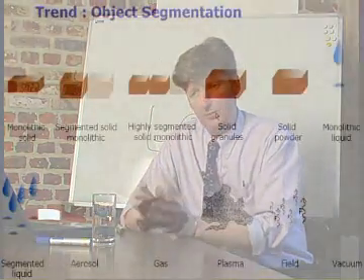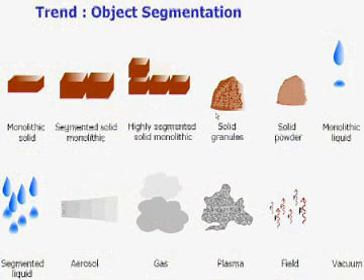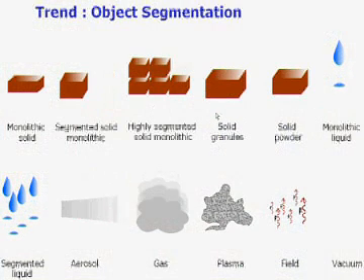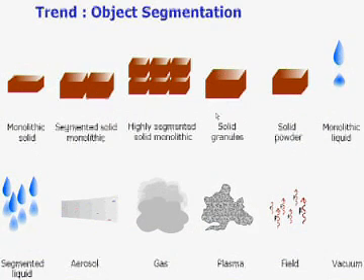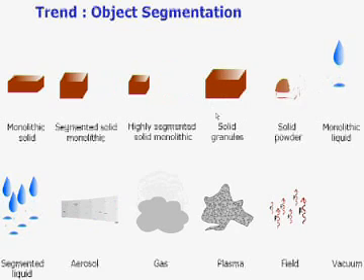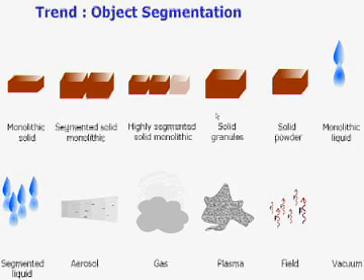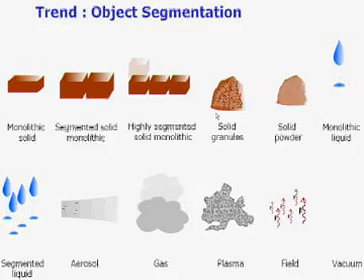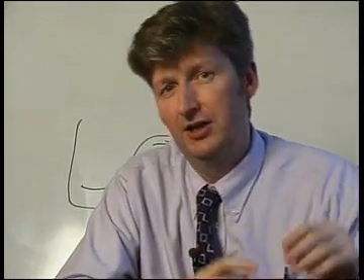Let's have a look at another pair of trends. This next one is similar in many ways to the one we've just seen. It's called object segmentation this time, and is really a trend that you might think of as doing more with less. It basically says things start off as solid things, and then we segment those solids, and then we become fluid, segment the fluid, become a gas, segment the gas, and then ultimately end up with a field.